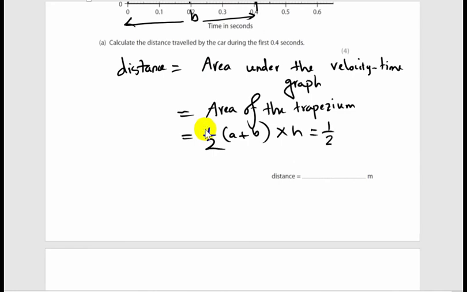So half into 0.2 plus 0.4 into 4.25. Calculate this: 0.2 plus 0.4 into 4.25 gives 1.275. Distance here is 1.275 meter.